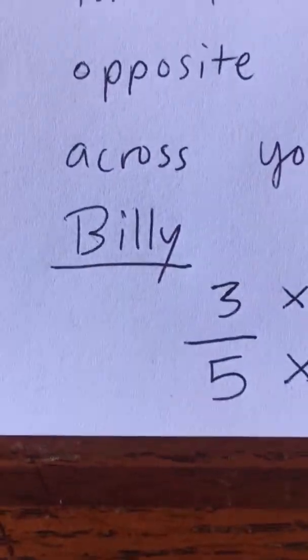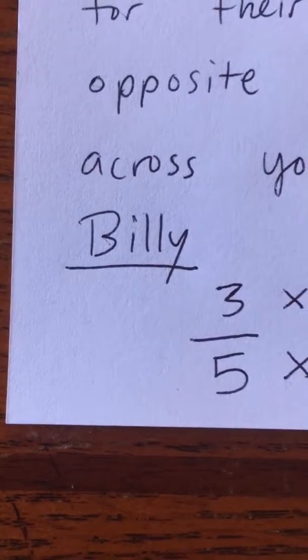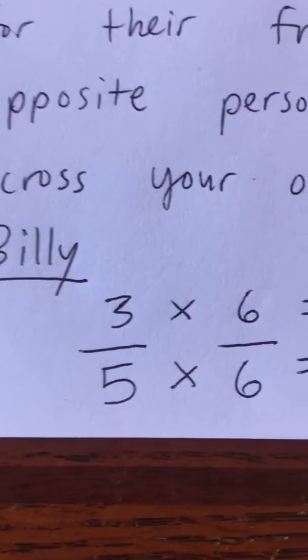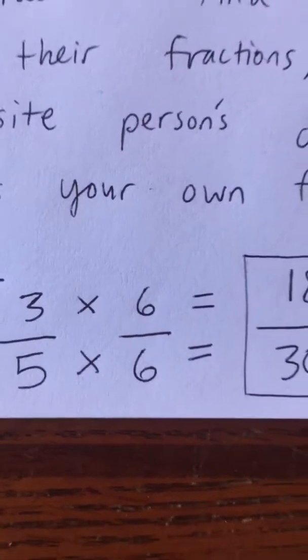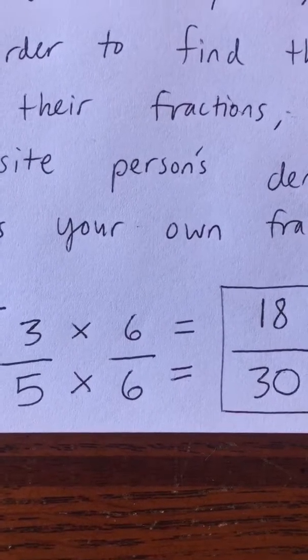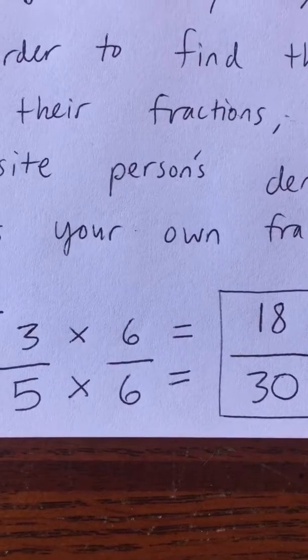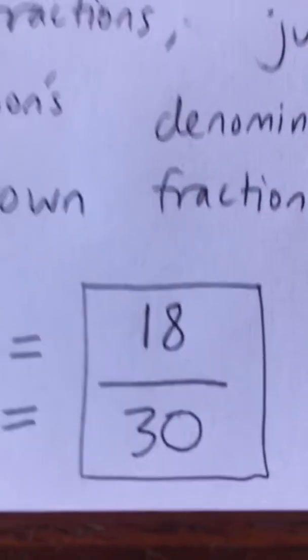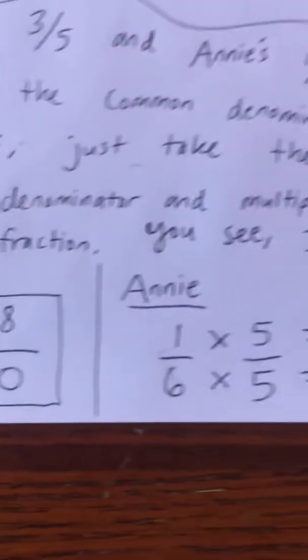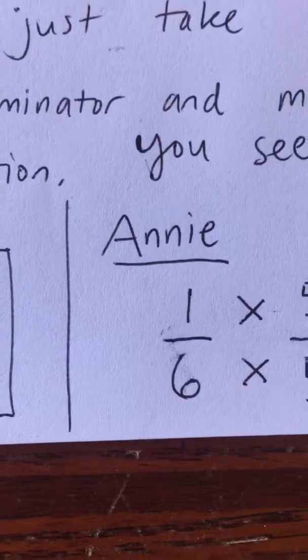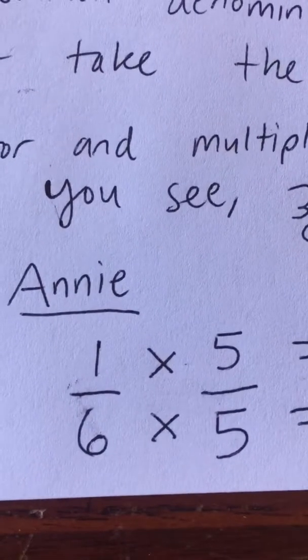Billy, take your 3/5 and then take Annie's denominator and multiply it across. 3 times 6 is 18. 5 times 6 is 30. Billy has 18/30.